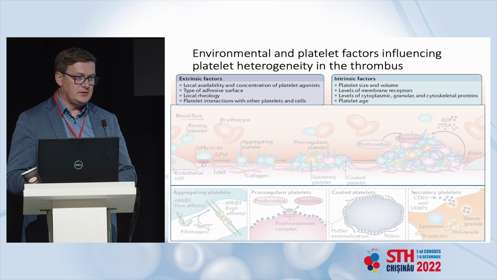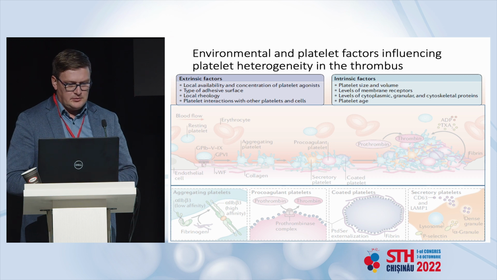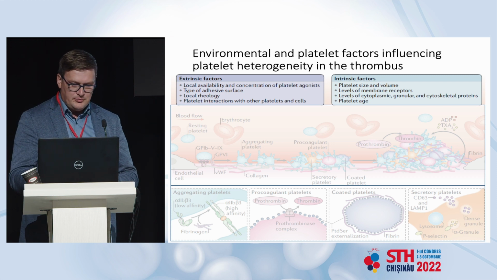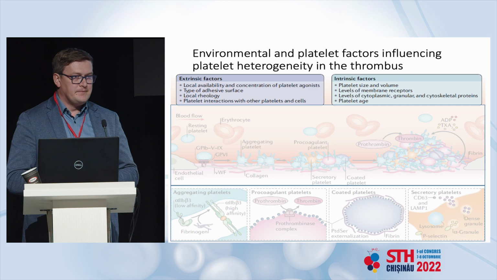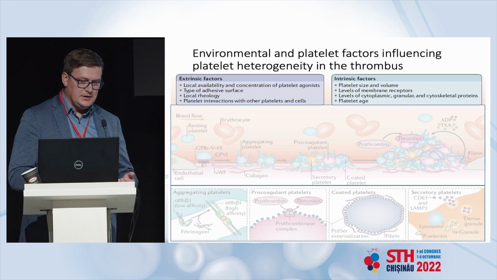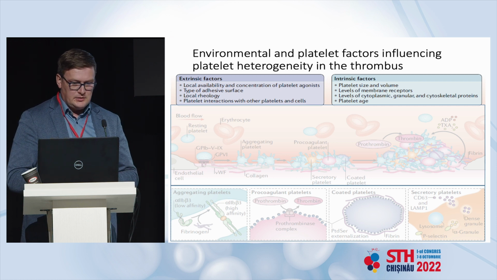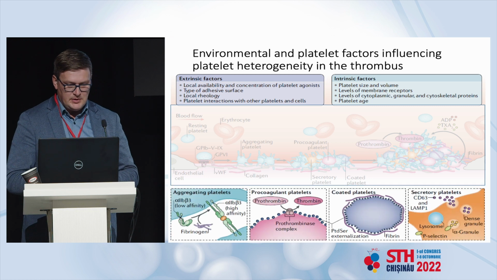Thrombin is a really potent activator of platelet function via PAR1 and PAR4 receptors. There's a mechanism where platelets get higher affinity for fibrinogen in the thrombus formation mechanism.